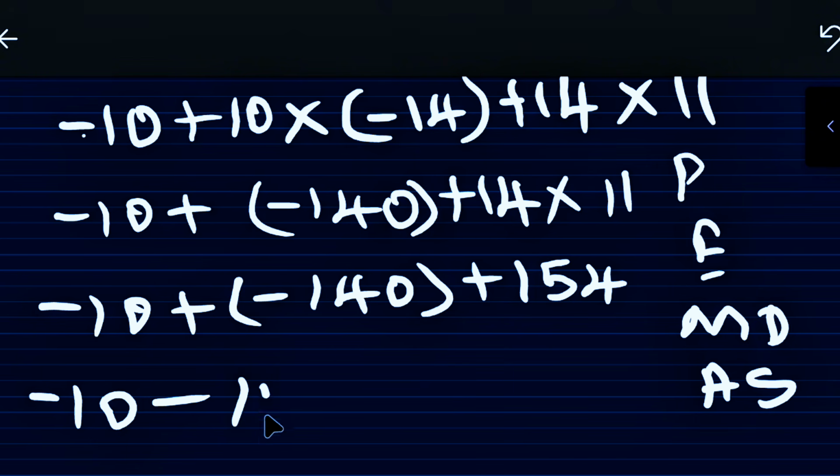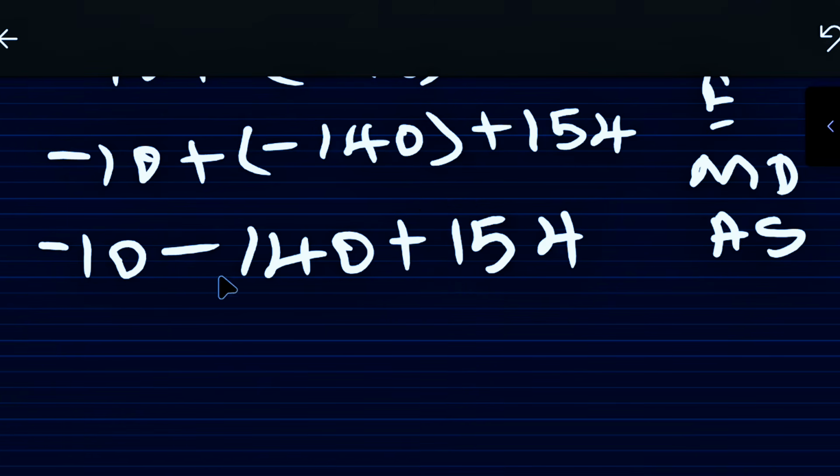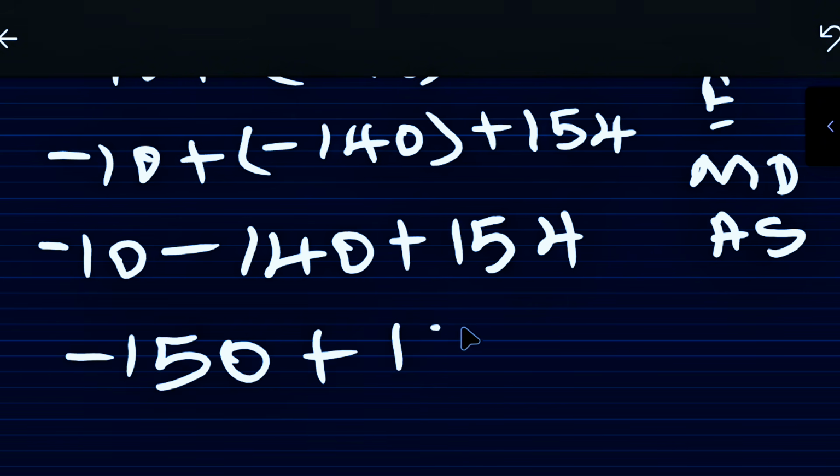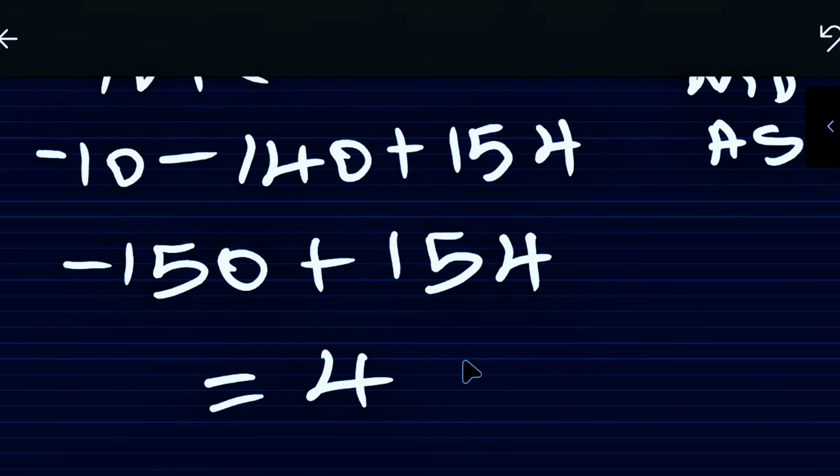Okay, so we have minus 140 here plus 154. Now in our next step, minus 10 minus 140 will give us minus 150 plus 154. Minus 150 plus 154 will give us 4 as the right answer.